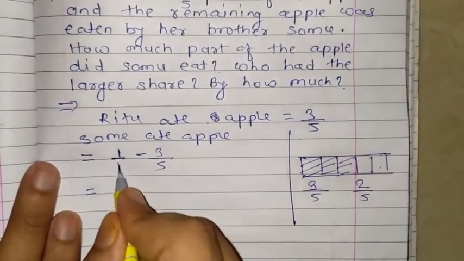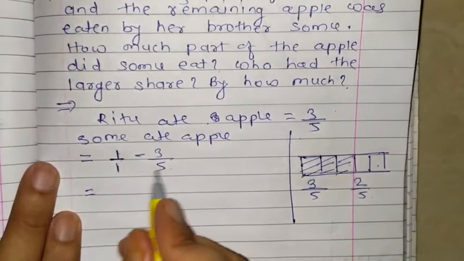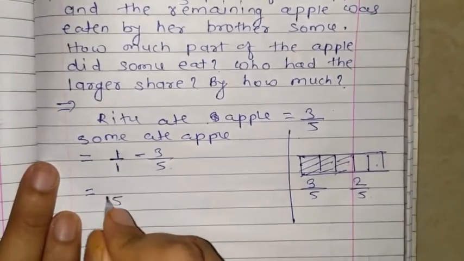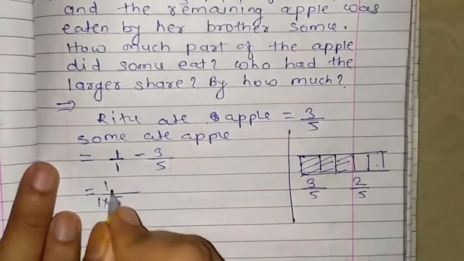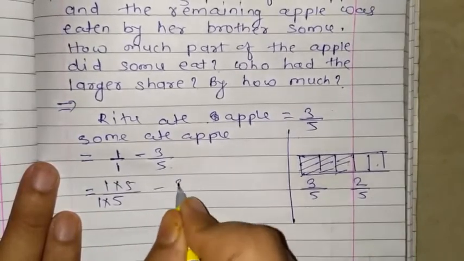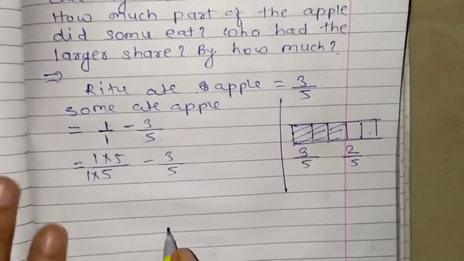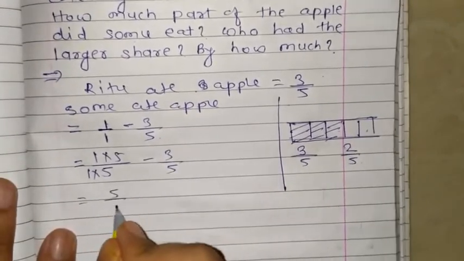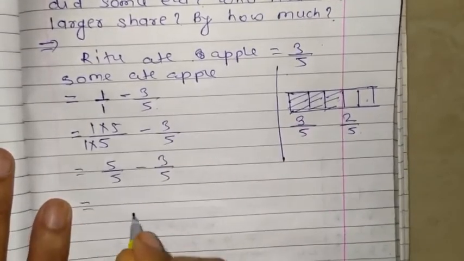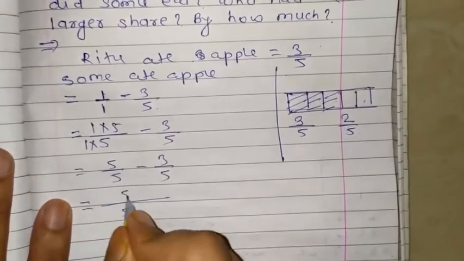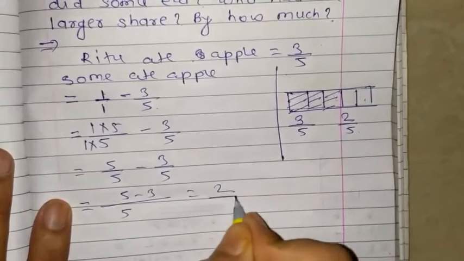There is no value downside for 1, so the LCM of 1 and 5 is 5. Multiply 1 into 5, so it is 5 upon 5 minus 3 upon 5. Downside 5, 5 minus 3 is 2 by 5.